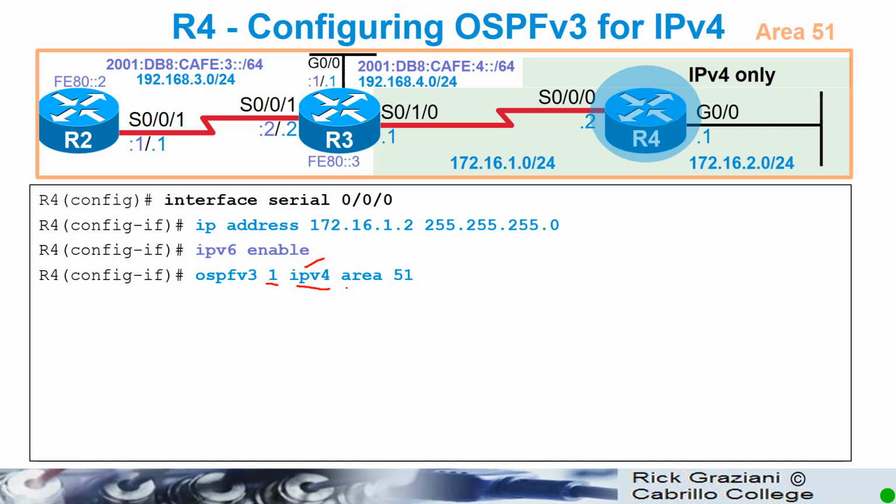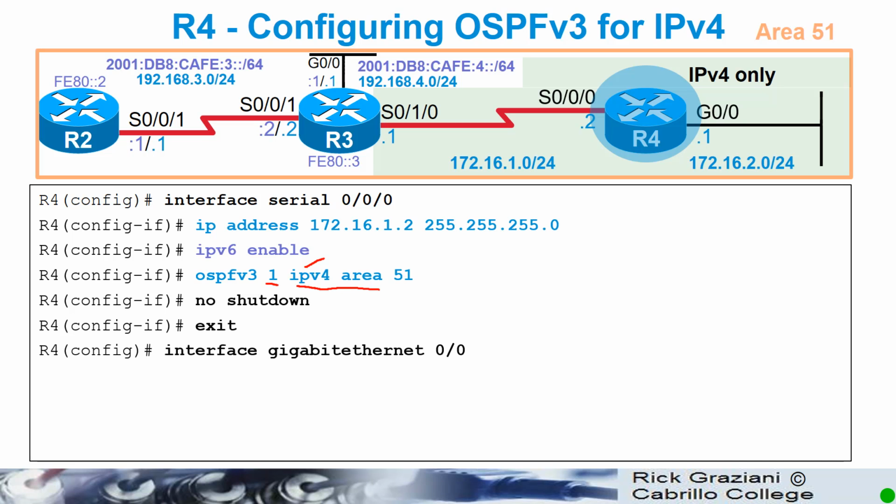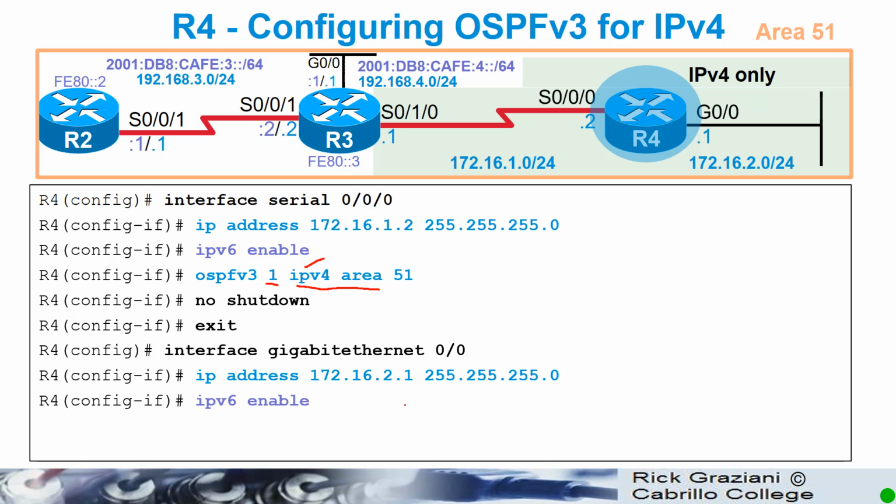Process ID will be the same for IPv4. And that's it. We won't do a link local address here. On the interface, we'll just do an IPv4 address. We'll enable IPv6. That will create a link local address. And that will allow us to use OSPFv3 and assign it to that area.